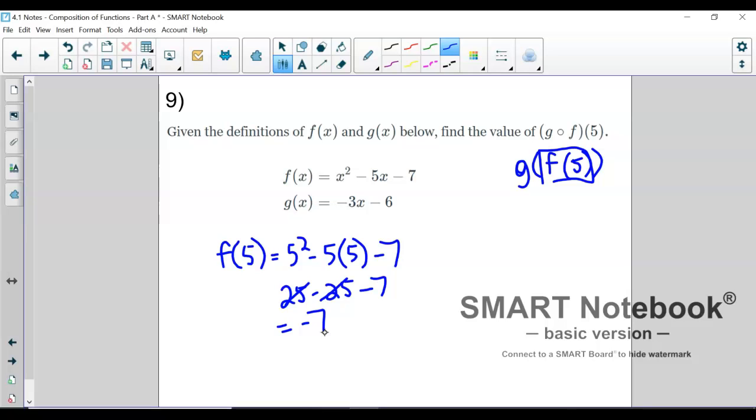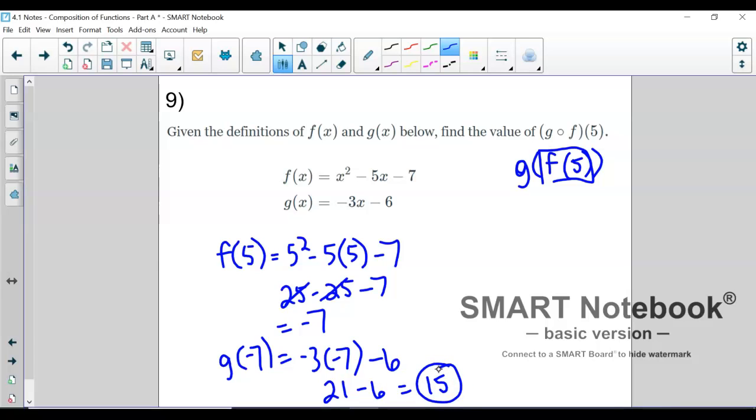So that gives us negative 7. And then we need to find g of negative 7. And so that will be negative 3 times negative 7 minus 6. That's positive 21 minus 6, which is going to give us 15 as our final answer there.